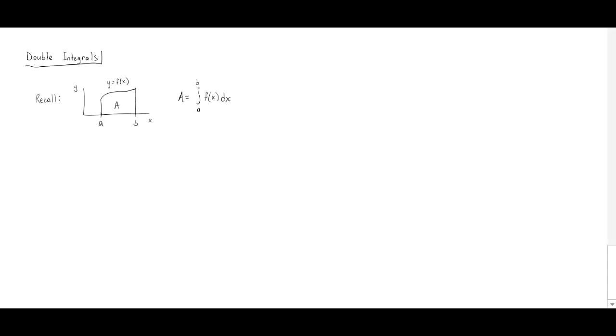Okay. So you did this thing where you break it up into tiny rectangles, add up the area of all the rectangles, and that was the approximation of the area. When you took the limit as the rectangles shrink, that limit gave you the value of this integral. But of course, we don't actually do that when we're evaluating integrals.